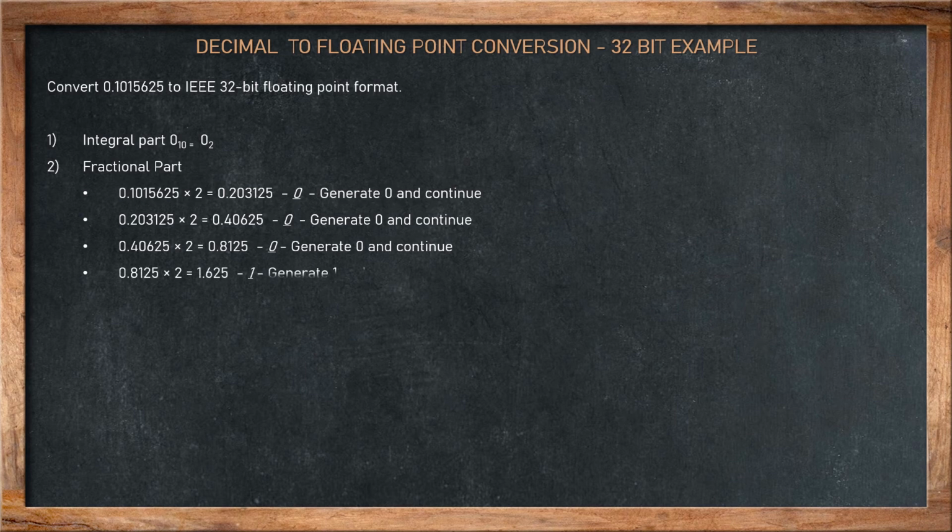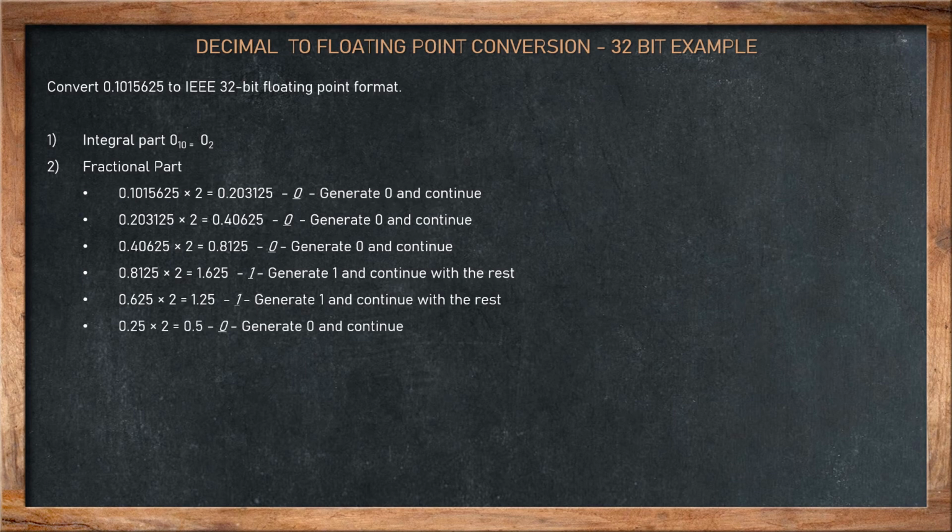So this is 0001, then the process is still going on: 0.625 times 2 gives 1.25, 1 generated, 0.25, and finally 0.5 multiplied by 2 gives 1.0. So finally we got the binary number. Now let's write the original decimal number in binary format.